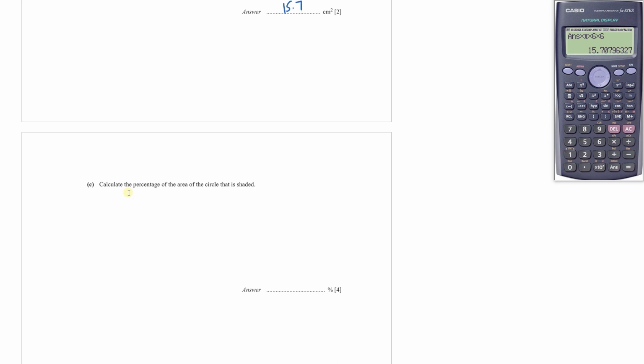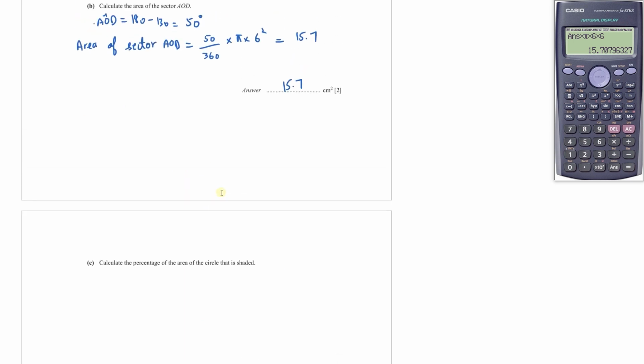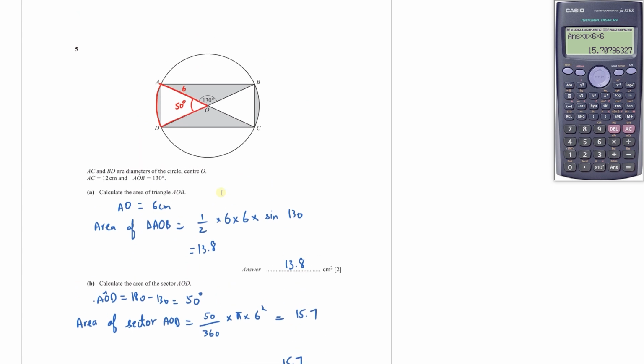The next part is to calculate the percentage of the area of the circle that is shaded. First we need to calculate the area that is shaded, then the total area of the circle, and then your percentage will be shaded area divided by the total area of the circle, multiplied by 100.